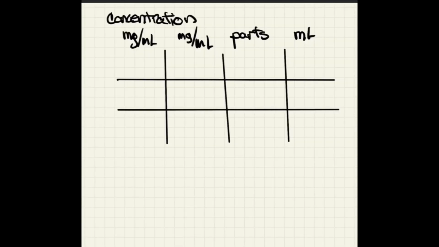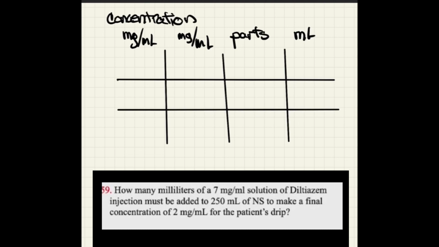Number 59, now we're doing alligation as opposed to C1V1. So we can do the same thing, but this time we are just making up an extra concentration, since we need 3 concentrations in order to do an alligation, and we only need 2 concentrations to use the C1V1 equation.